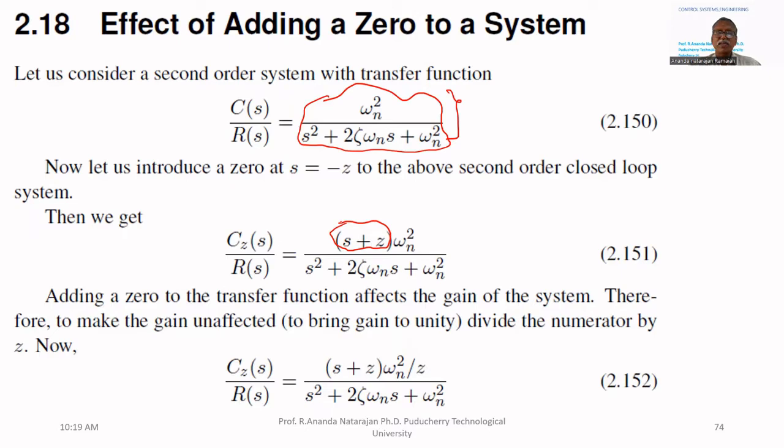If you buy some vehicle, they will tell some set of add-ons. You will buy and add. Like that, if we cascade some other system, then this will be added. For example, I am having a system which is second order.